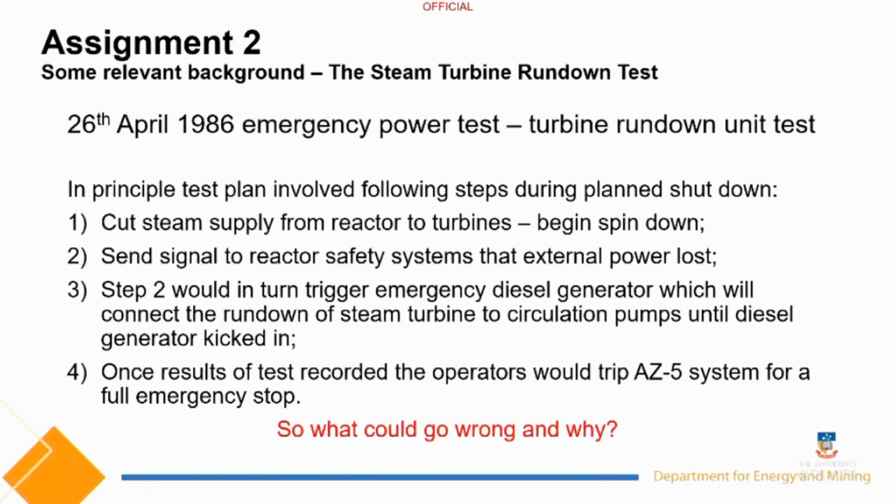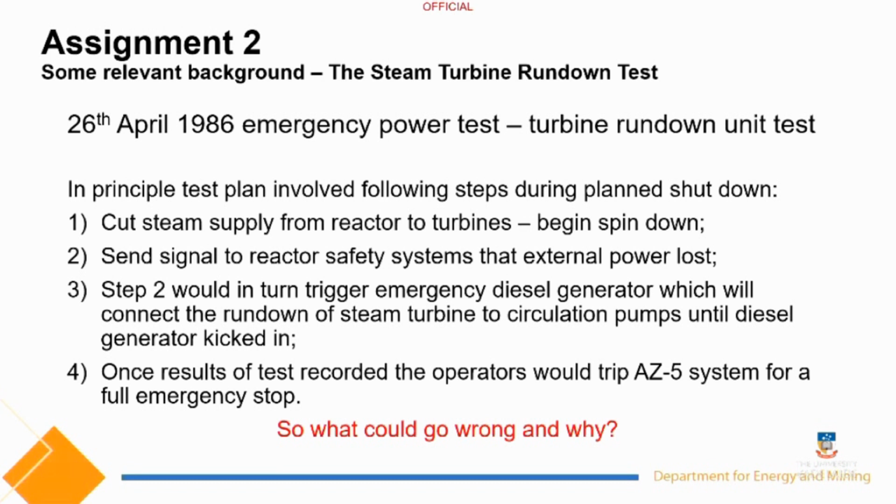Let's start off with the 26th of April. An emergency power test on the turbine rundown unit was being undertaken. In principle, the whole purpose of this test involved the following steps during a planned shutdown. As I explained in previous lectures, when you're doing critical function testing on critical safety equipment like trip switches and power generation for emergency backup power, you don't do that when you're in full operation.